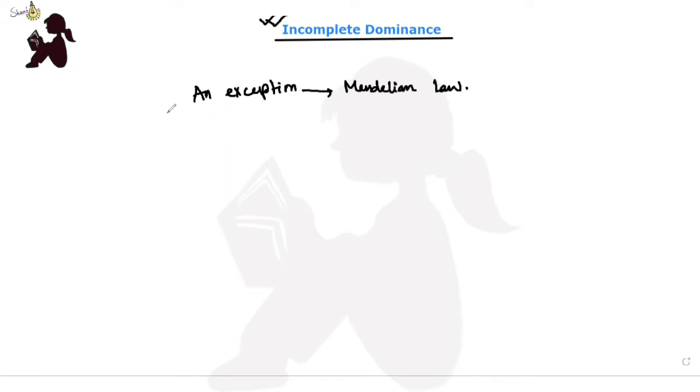Incomplete dominance occurs when neither of the two alleles is dominant, meaning the dominant allele and the recessive allele are both not fully expressed.